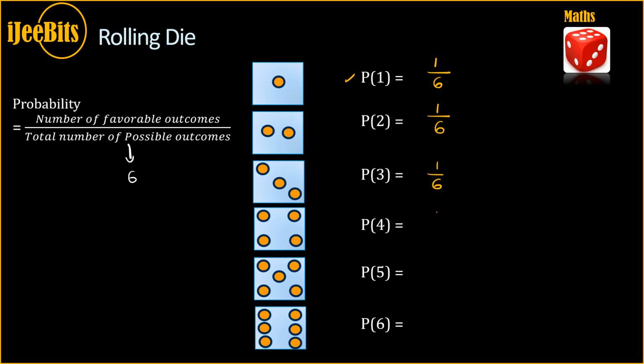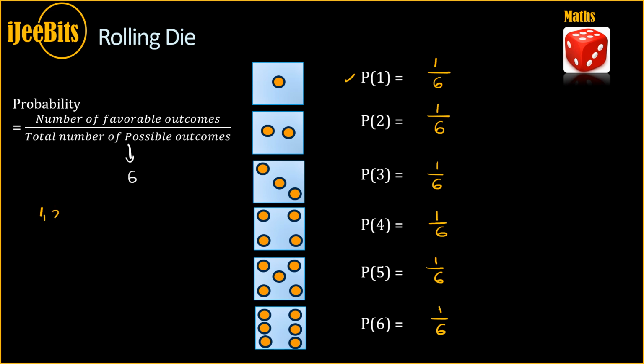P of 4 is also one event out of 6 events. P of 5 is also 1 out of 6, and P of 6 is also 1 out of 6.